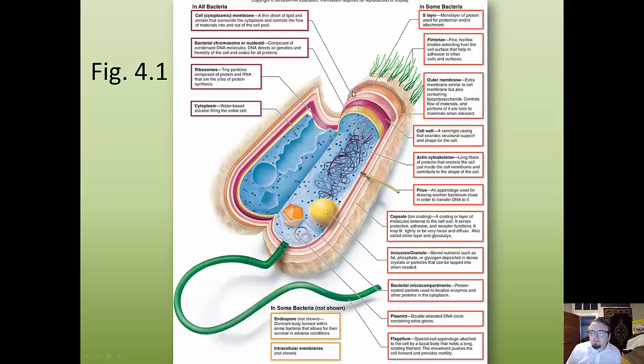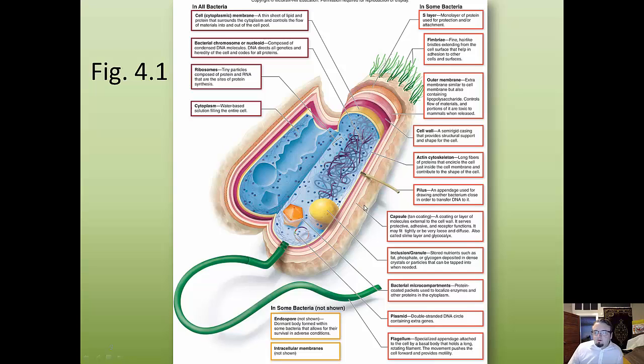Next, we're going to look at something that's still on the outside. It's still an external structure, but this is more of a surface coating as opposed to an appendage. So we're looking in this area of the cell right here. This right here is called the capsule, the tan coating.